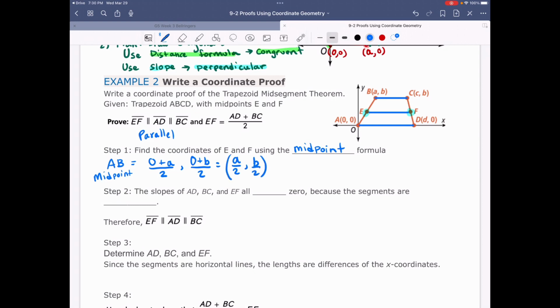So that is the coordinate of E. I probably should have just written that in the beginning, so E.